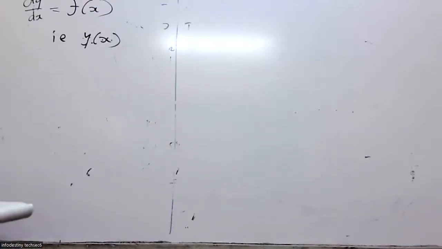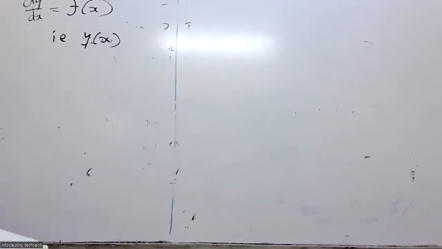So let's start with the constant of integration. Remember when we talked about differentiation, the derivative of a constant equals 0. Now we are going to look at the constant of integration.